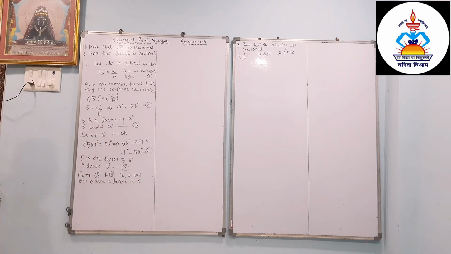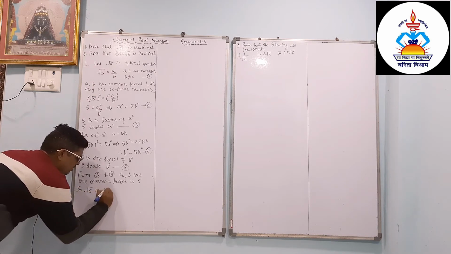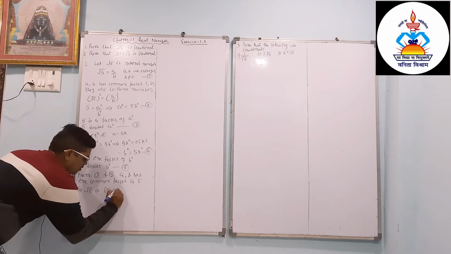So our assumption is wrong that root 5 is a rational number. So root 5 is an irrational number.